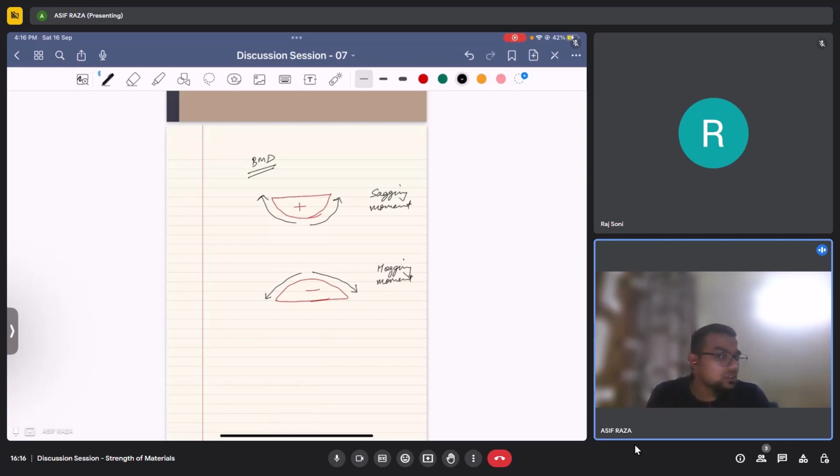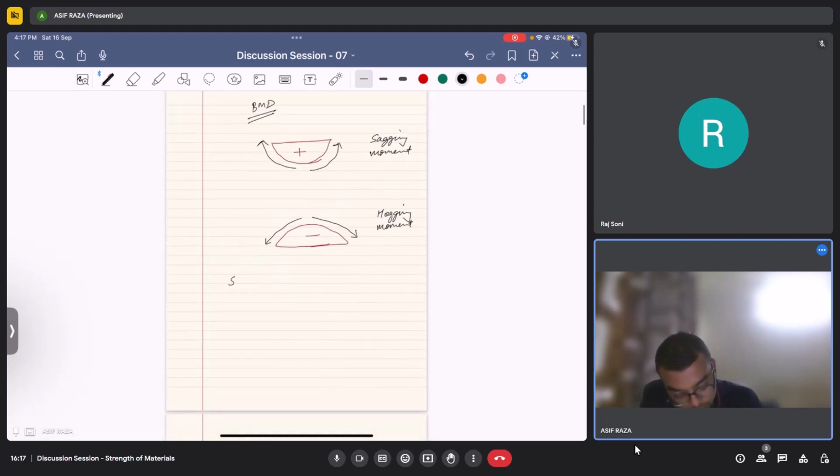If you take the case of sagging moment, and you are finding the bending moment from the left hand side, then the anti-clockwise moment would give you the positive sagging moment. Likewise, if you come from the right hand side, the clockwise moment would give you the sagging moment, and that is normally taken as positive. Vice versa for hogging moment.